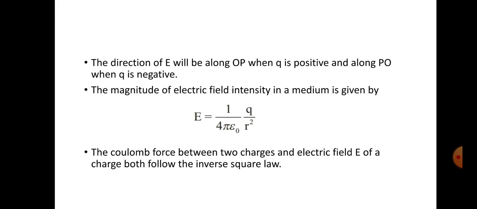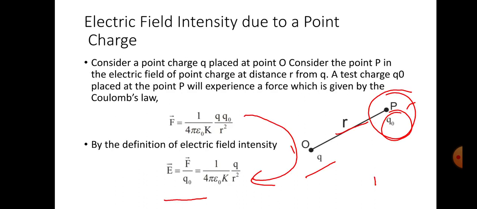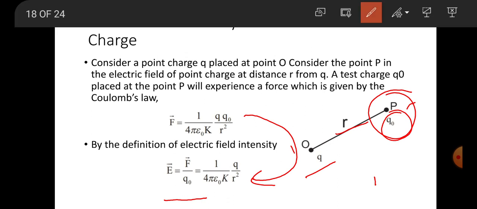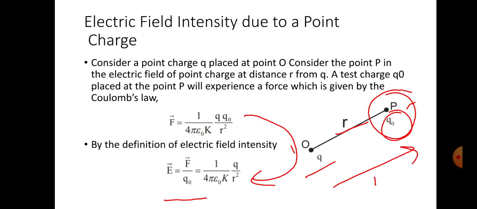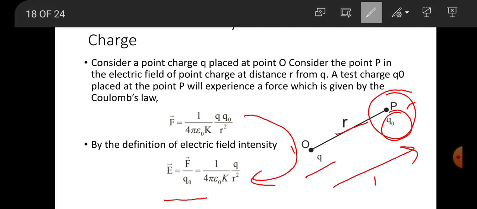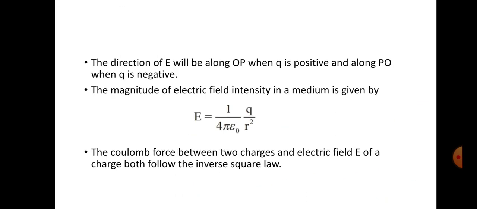The direction of the electric field will be along OP like this when Q is positive, and when Q is negative, the direction will be like this. You have to keep this in mind.